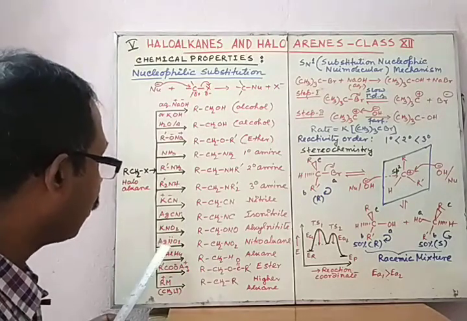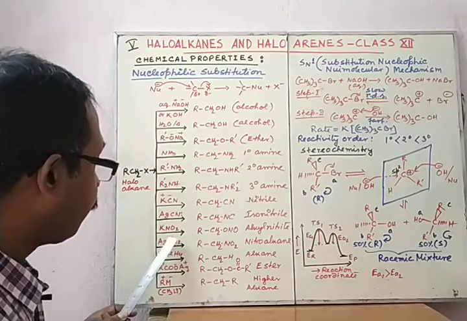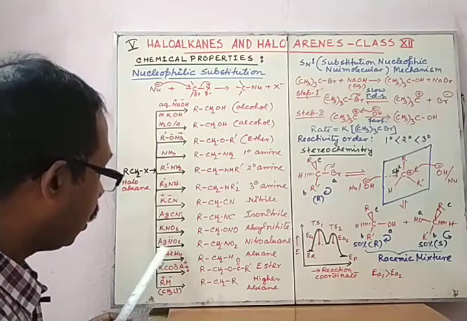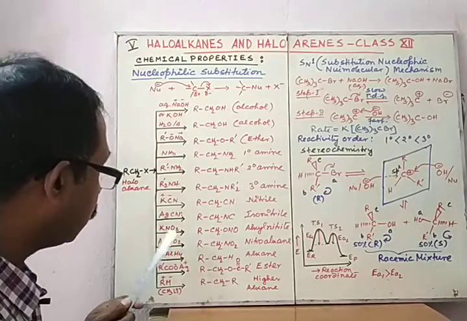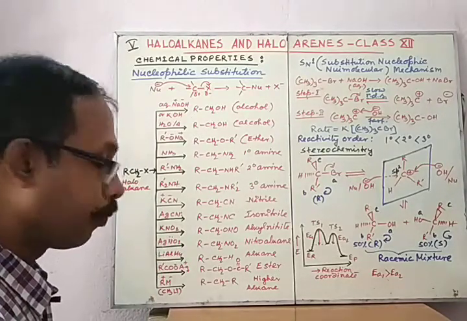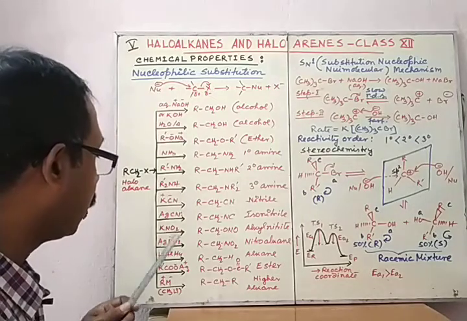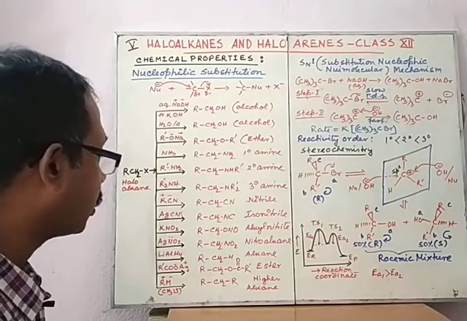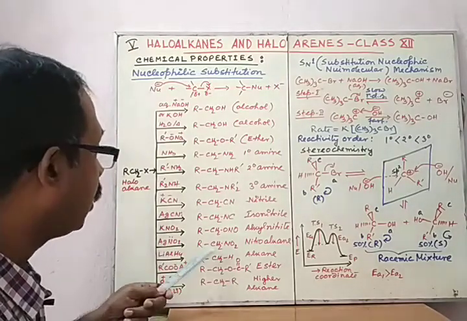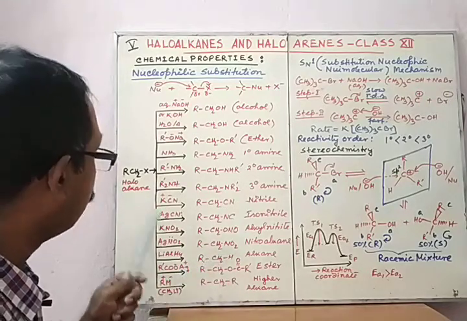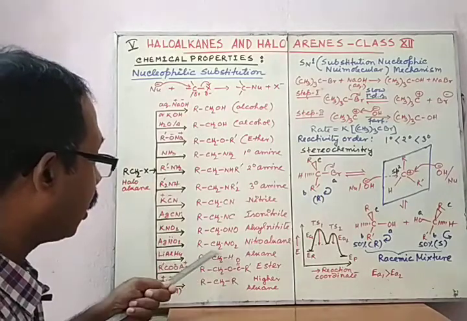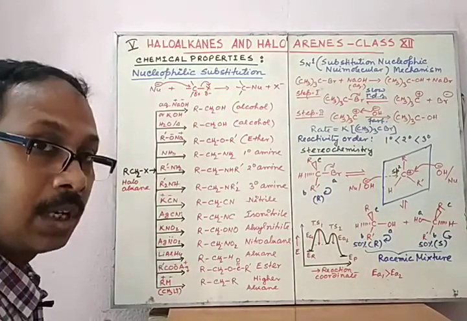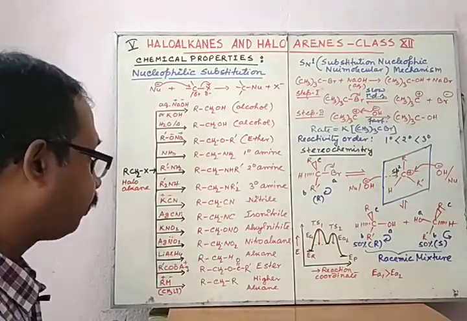But when it is silver nitrite, being covalent in nature, there is a bond between silver and nitrogen, and no free O minus ion is there. Therefore, nitrogen behaves as the nucleophilic center, giving rise to the nitro compound. So haloalkane to nitroalkane can be obtained by treatment with silver nitrite.